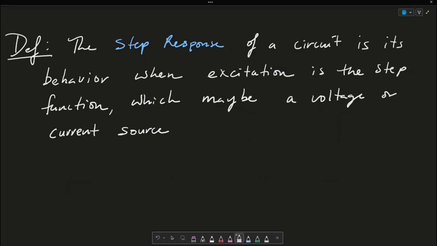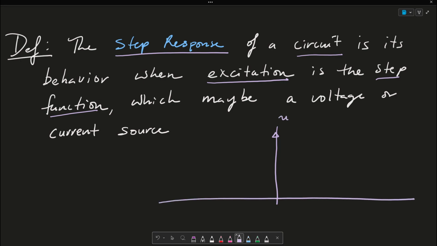Similar to my past videos, I would like to define what the step response of a circuit is. The step response of a circuit is its behavior when the excitation is the step function, which may be a voltage or a current source. I'm going to describe a step function using the unit step function, which is 0 from t equals negative infinity to t equals 0, and then shoots up.